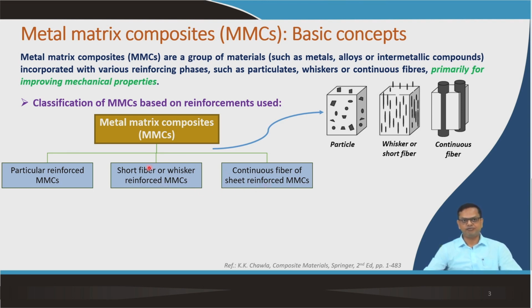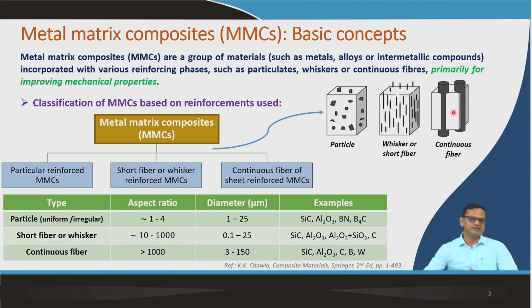So, basically these two are fibers, one is short fiber, the other is continuous fiber, and the other class is the particle reinforced composites. You can see here how it looks, the schematic. This is a particle reinforced MMC, this is whisker or short fiber reinforced composite, and ultimately this one is the continuous fiber reinforced composite.